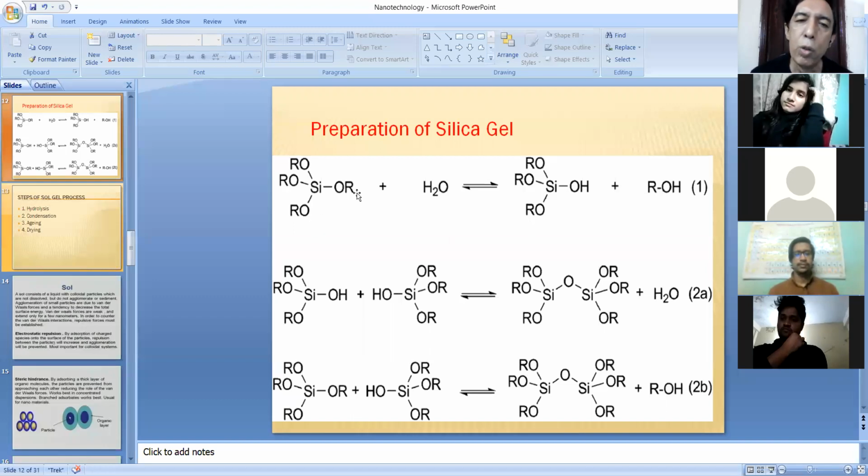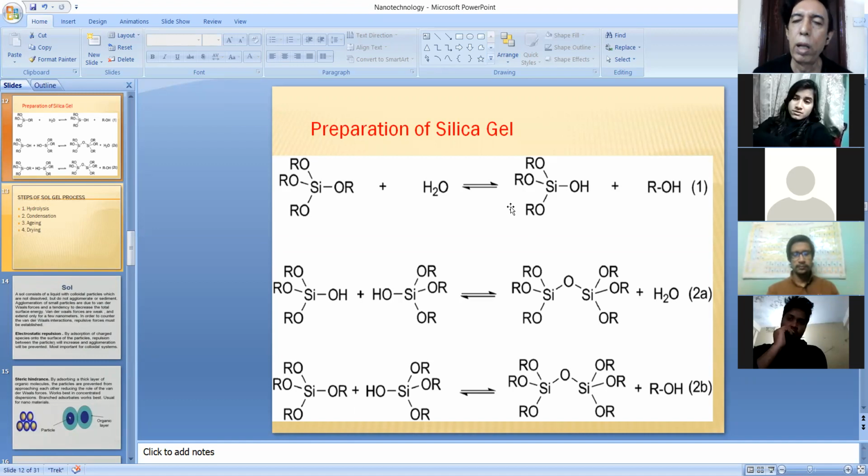Then we hydrolyze it to form an alcoholic group in place of a methyl group or ethyl group. This is the alcohol, and an alcohol is going out.